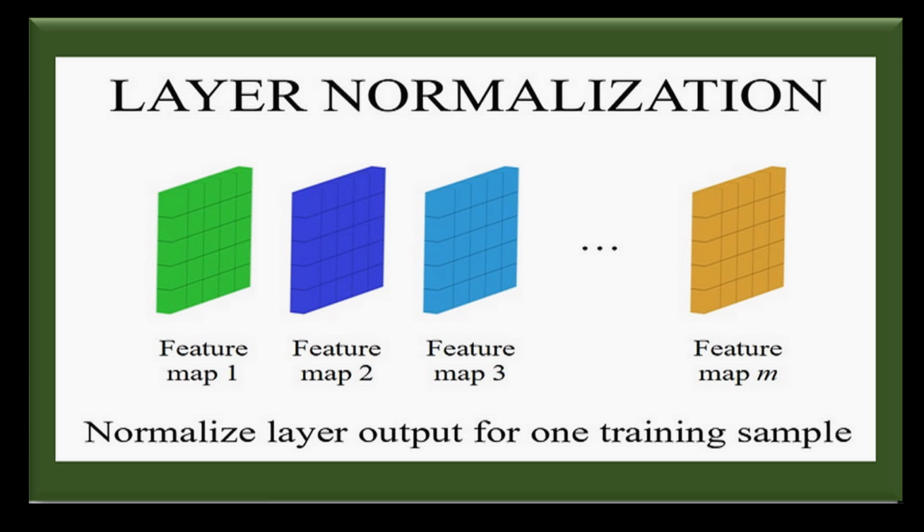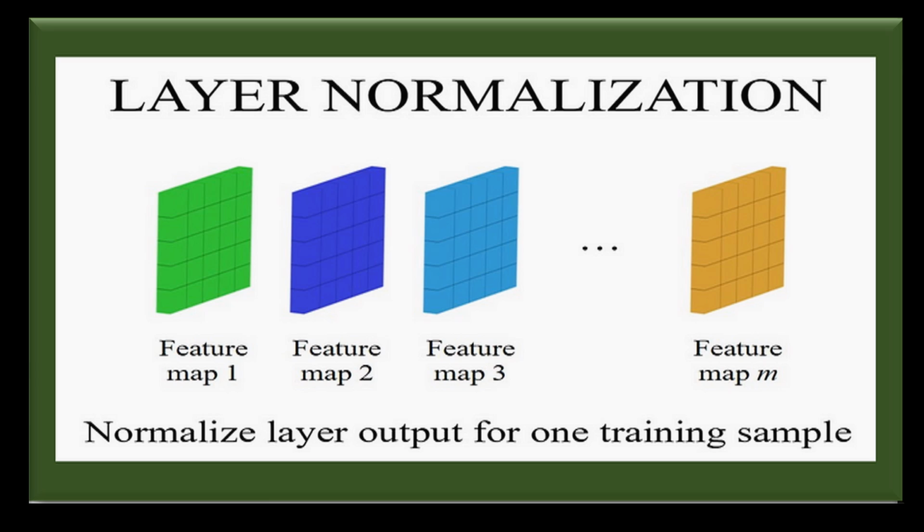Layer normalization can be applied within a single forward pass of the network and is typically applied after the nonlinear activation function in a layer. So to summarize this, we can say layer normalization is a technique used in deep learning models to normalize the activation of the layer before they are fed to the next layer.